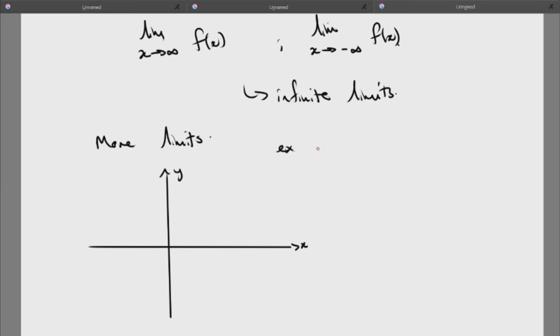Let's look, for example, at y equal to 1 over x minus 1. What does that function look like? Can you graph that function? The answer should be yes. Very easily, you should be able to graph that function. It's a single transformation.